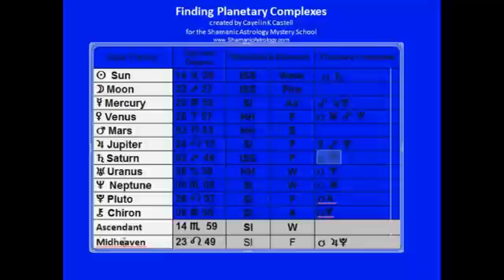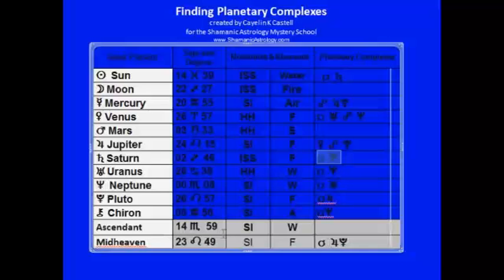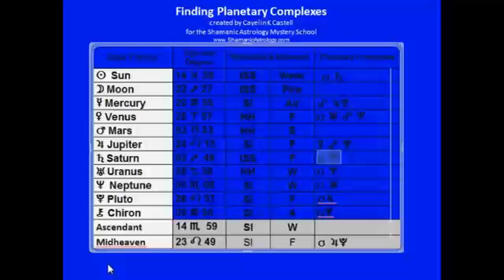Anyway, in the angles, on the midheaven, I do have Jupiter and Pluto conjunct the midheaven, and so I have written in those angles. You can also add in the descendant and the IC, and for some reason I didn't do that. Actually, opposite the midheaven would be Mercury, because it's conjunct the IC. So I might go back and fix this handout so that you can have the other angles included in it.